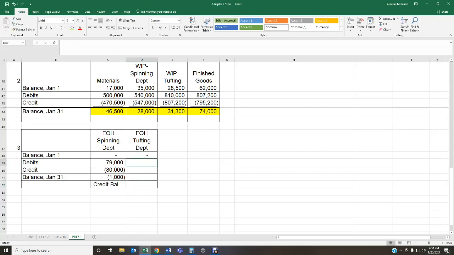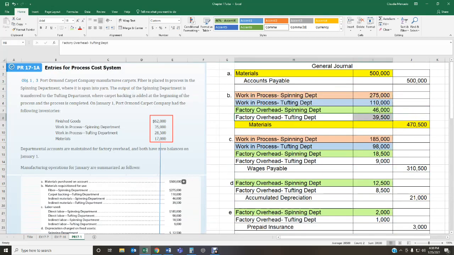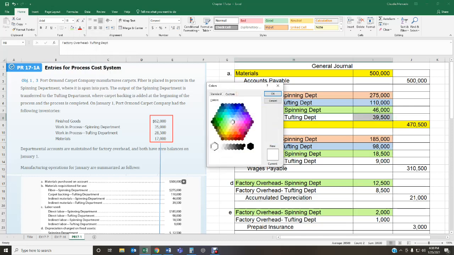Now we're going to do the same thing for the tufting department. Okay, so for the tufting department, let's look at the debits. Factory overhead tufting debits. Let me pick another color. Maybe in purple. There we go.